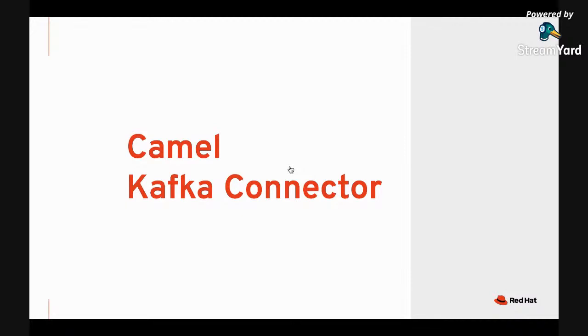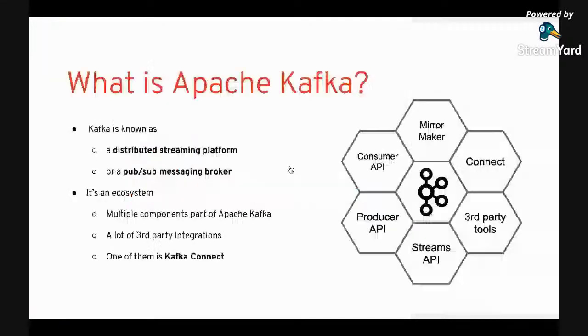and basically it is based on the Kafka Connect framework. Let's talk a bit about what is Apache Kafka first. So Kafka is known as a distributed streaming platform, or also a publish-subscribe messaging broker.